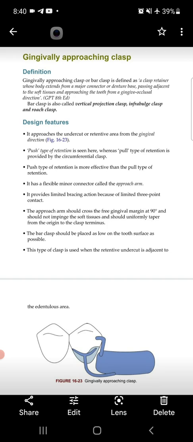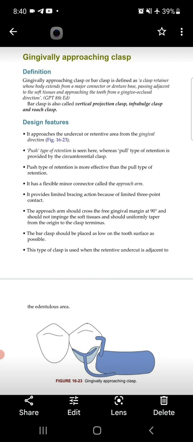At the end of the minor connector there is a T shape or V shape clasp, which is a gingivally approaching clasp because it approaches from below to above, from low to high, from the gingiva to the occlusal surface. Therefore it is known as a gingivally approaching clasp, also known as a bar clasp.